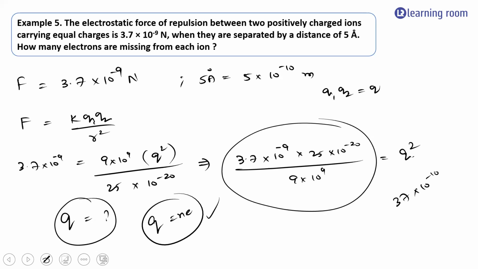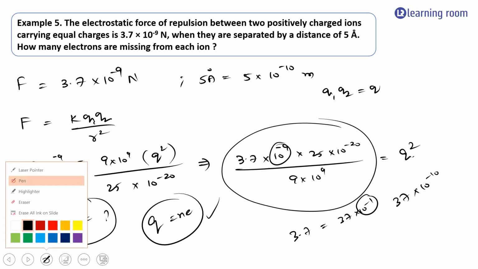Sir, how does it become 10 power minus 10? Because I pushed one value to the left, no? 3.7 is 37 into 10 power minus 1. So 10 power minus 1 is multiplied with this 10 power minus 9. I took those two into consideration. I'll write it again.